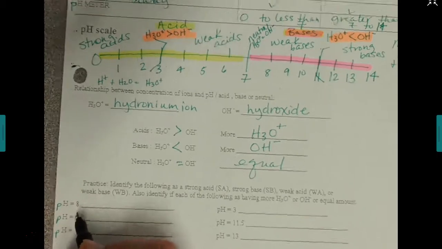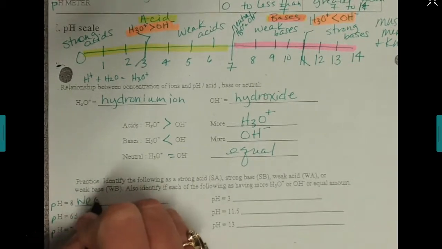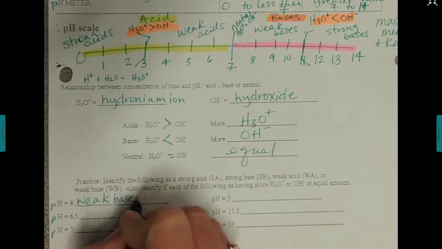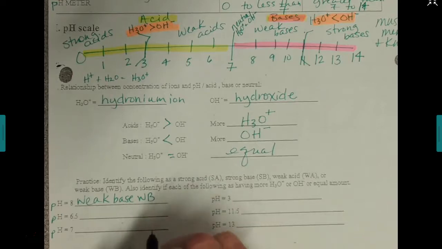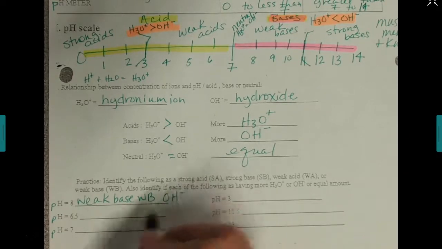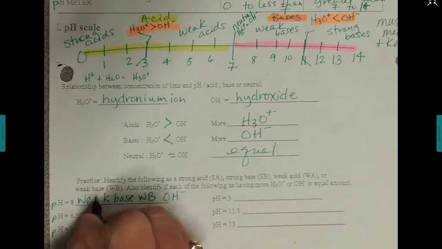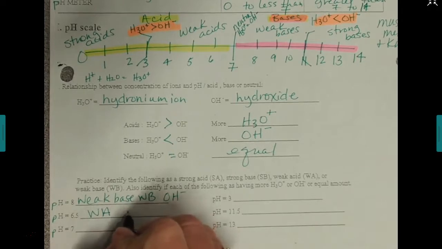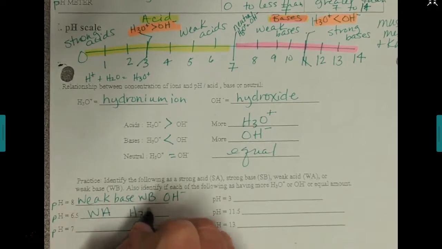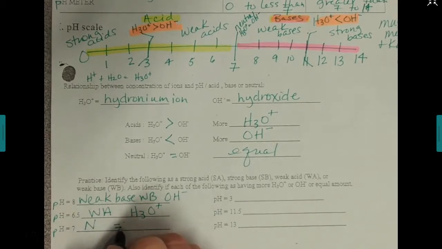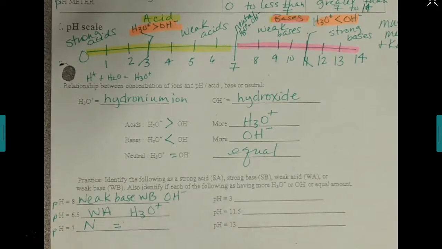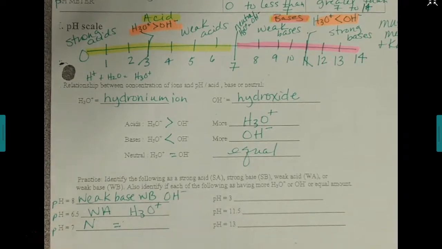So a pH of 8 will be a weak base, a WB, and it will have a greater hydroxide concentration. 6.5 will be a weak acid, and it will have more hydronium ions. A pH of 7 will be neutral, and it will have equal hydronium to hydroxide concentrations.